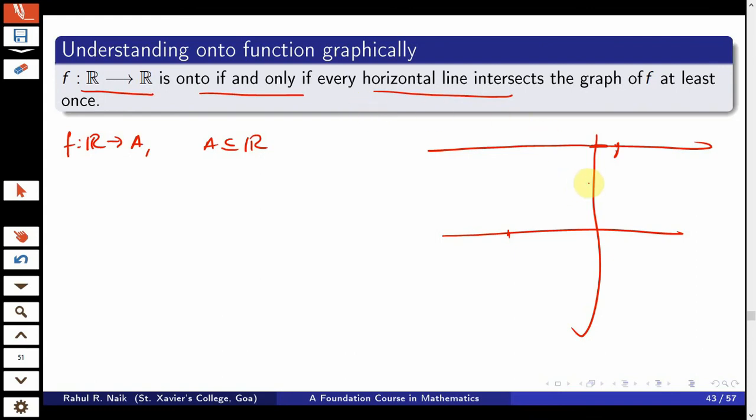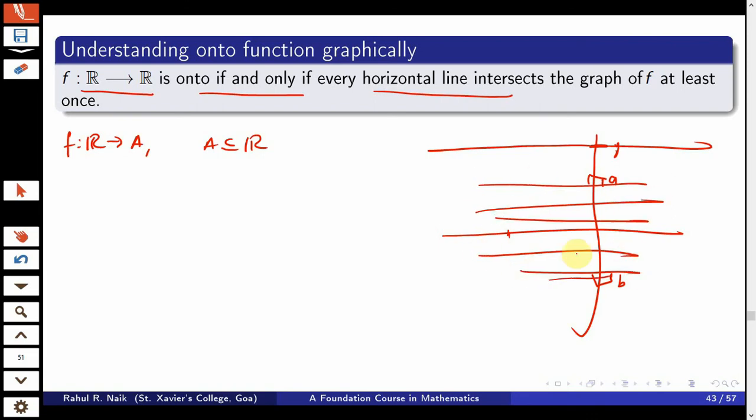For example, if I have this interval A to B as my codomain, I will see only the horizontal lines in this stretch, not outside it. We do not have to, because the range of the function should lie in this interval A comma B. And so the result should be true for all the horizontal lines lying in this stretch only.